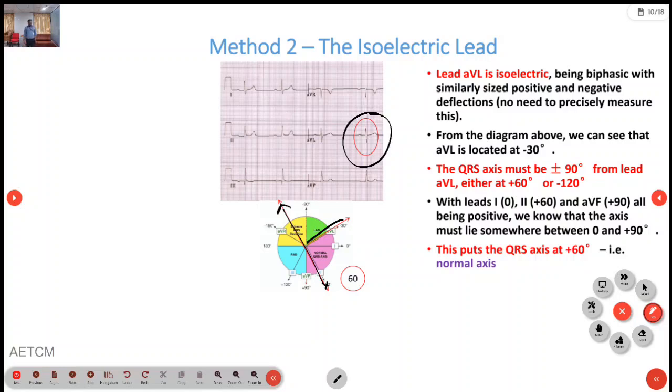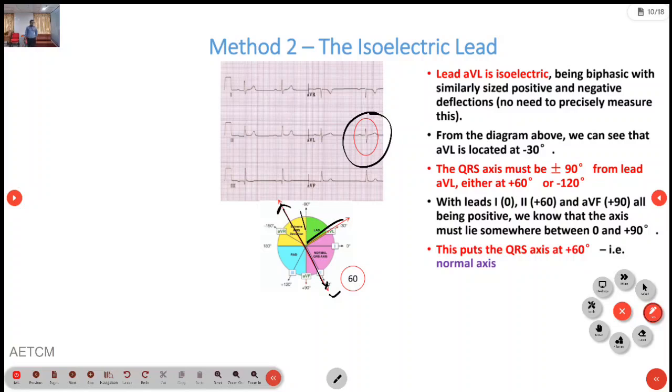From the diagram above, we can see that the AVL is isoelectric, that we have already seen. The QRS axis must be plus 90 from lead AVL, either plus 60 or minus 120, somewhere here. Okay.